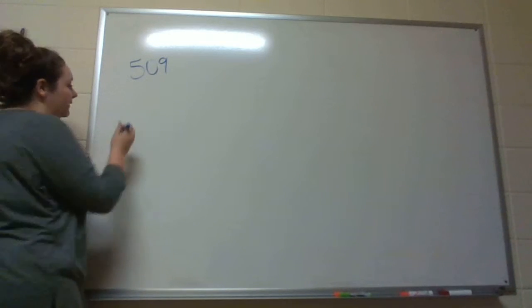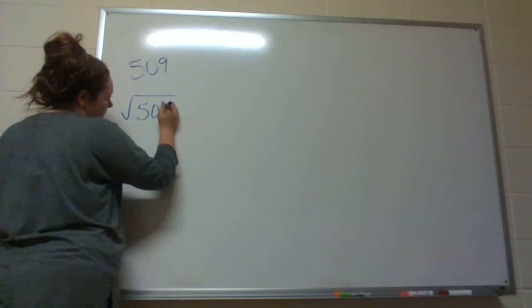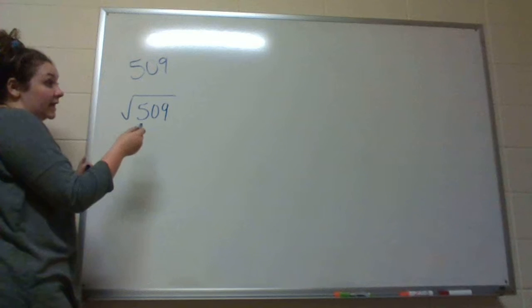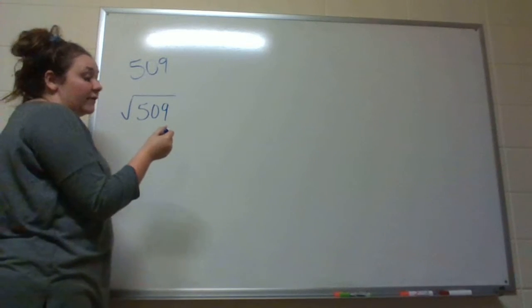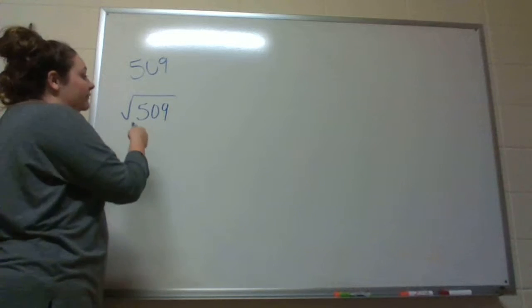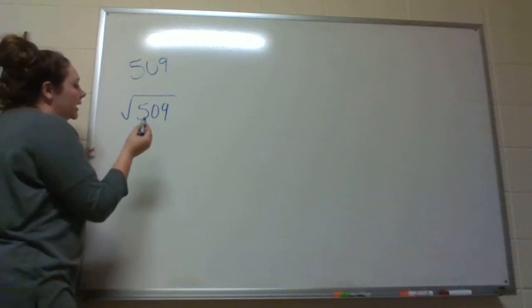We will begin by finding the square root of 509. Because once we have reached the square root of 509, if we don't have a whole number or a 1 by the time we have reached the square root of 509, then we know that this number is prime.